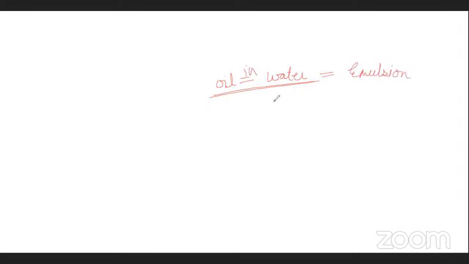It means in an emulsion the water will be at the lower position, but the oil is not going to mix and will float on the surface of the water.